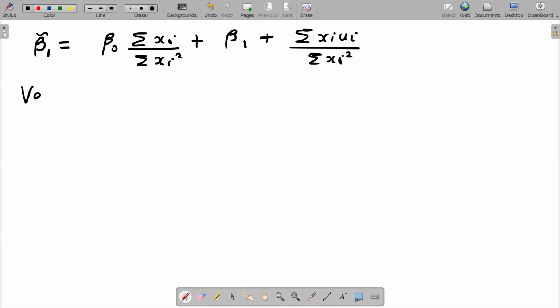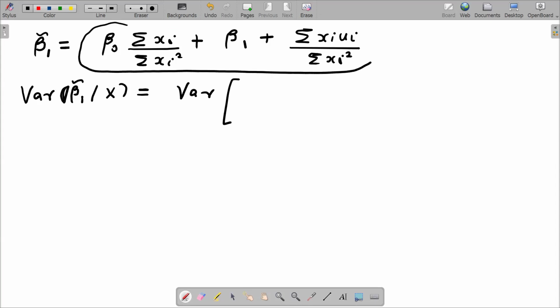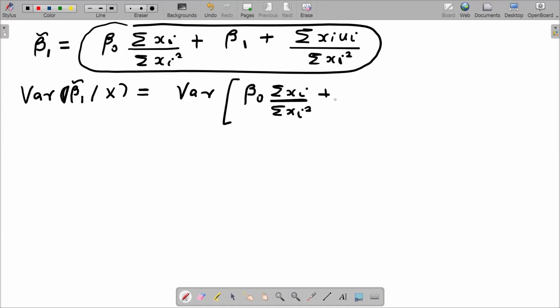So, variance of beta 1 tilde conditional on x is going to be the variance of this whole expression, beta naught summation xi over summation xi square plus beta 1 plus summation xi ui over summation xi square. This whole is conditional on x.